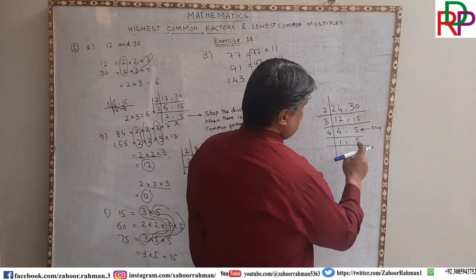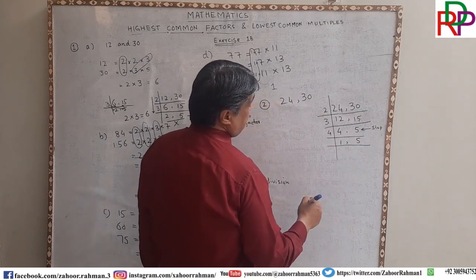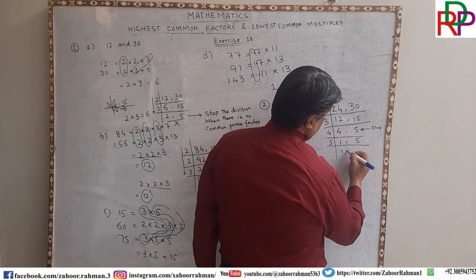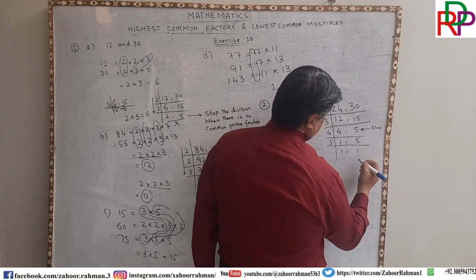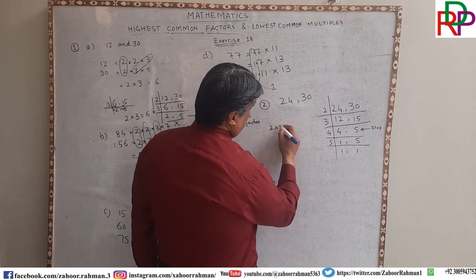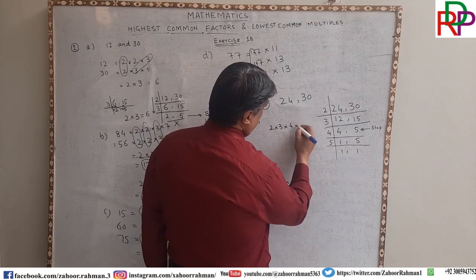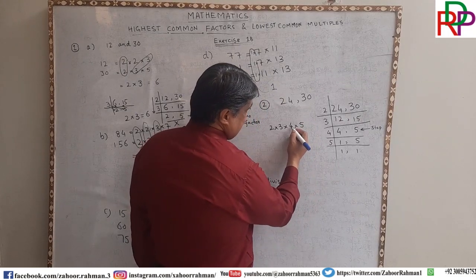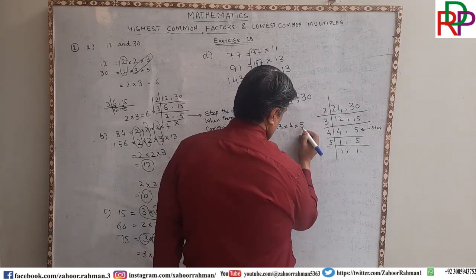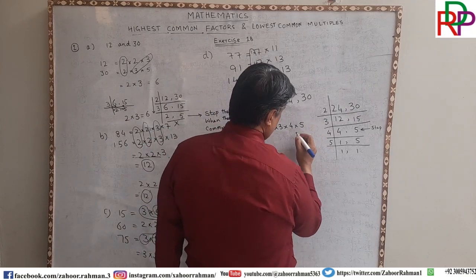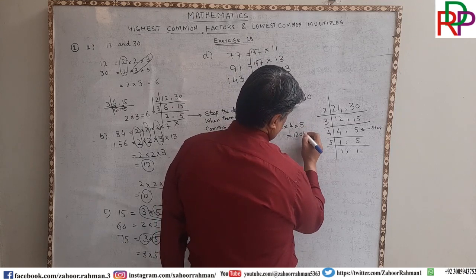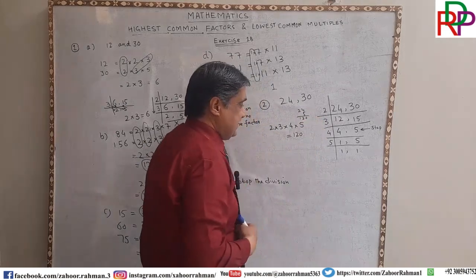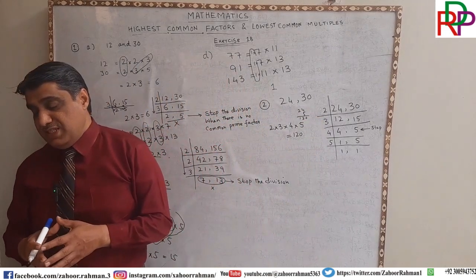But in the LCM, you have to use these numbers. So then we are having 1 and 1. So 2 multiplied by 3 multiplied by 4 multiplied by 5: 2 3s are 6, 6 4s are 24, 24 5s are 120. So 120 is the answer.